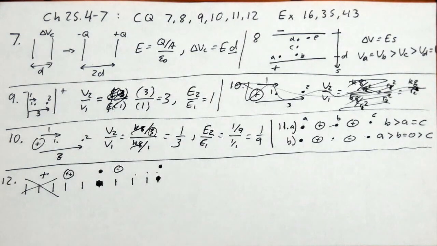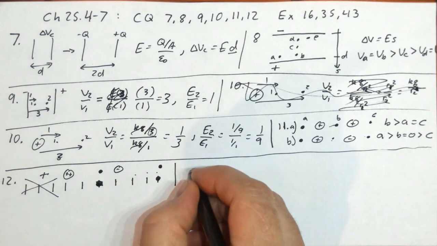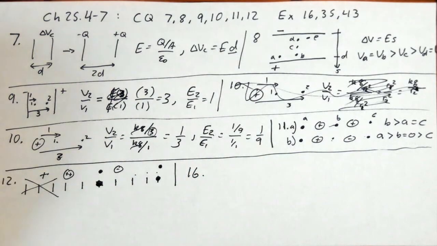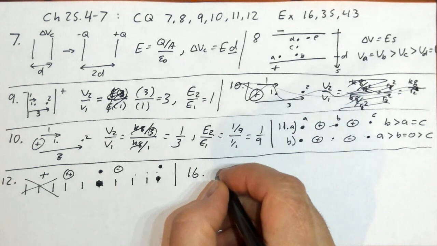Now we're going to move on to the exercises. So go ahead and take a look at 16. All right, so this one we just have to be careful with some of our definitions. We have an electron that's being slowed down by an electric field.